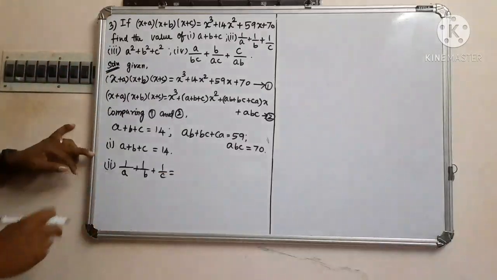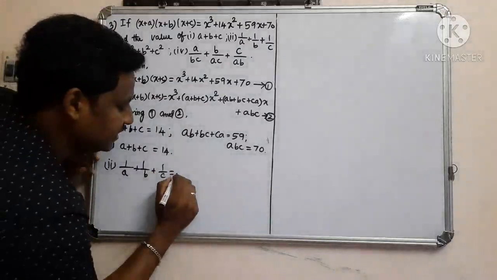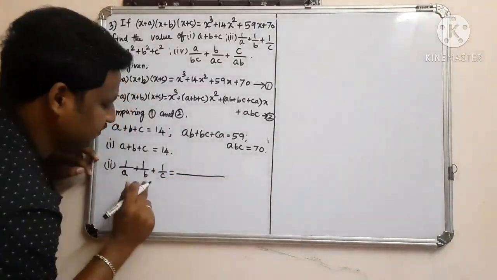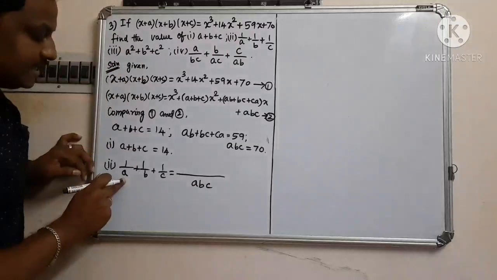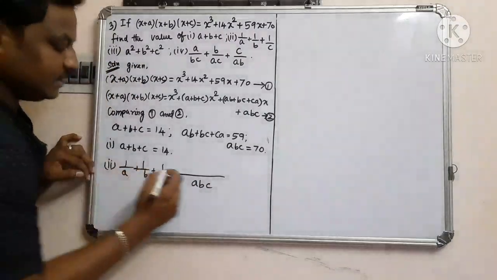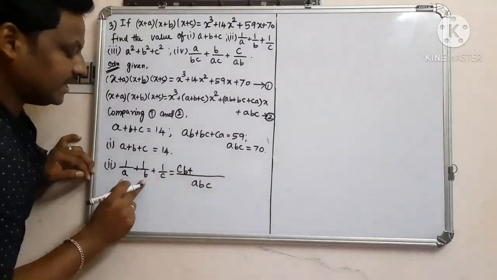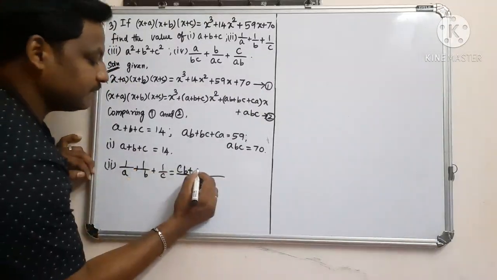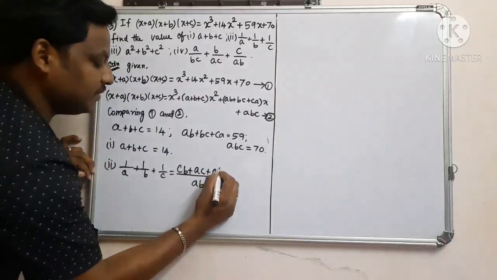We have to find this value. Here all the values are fractions, so we have to take the LCM. The common denominator is abc. Here a is there, so we multiply bc, plus here b is there, so we multiply ac, plus here c is there, so we multiply ab.